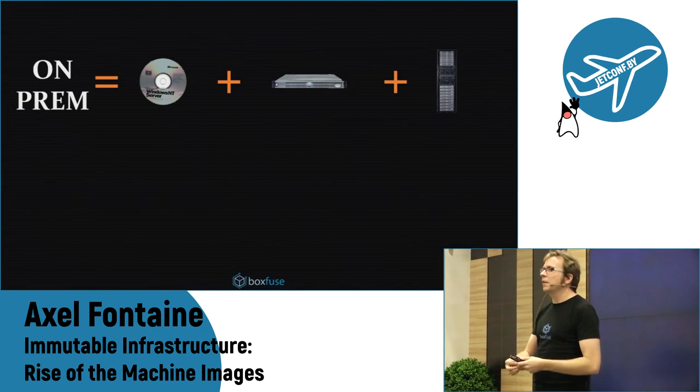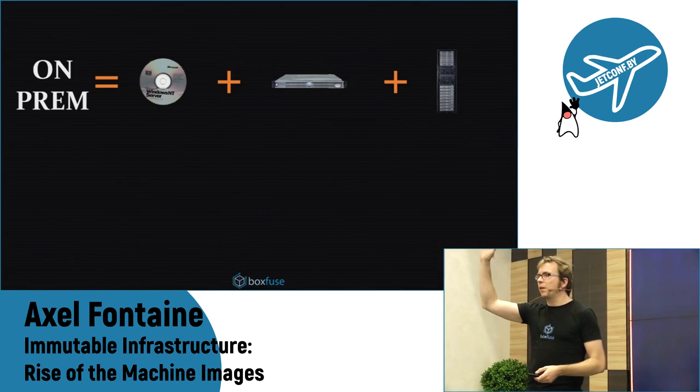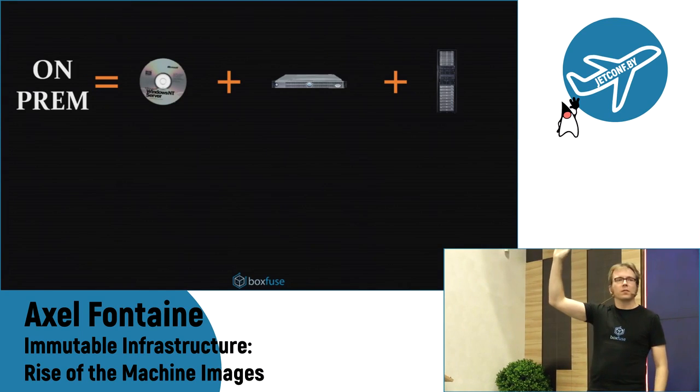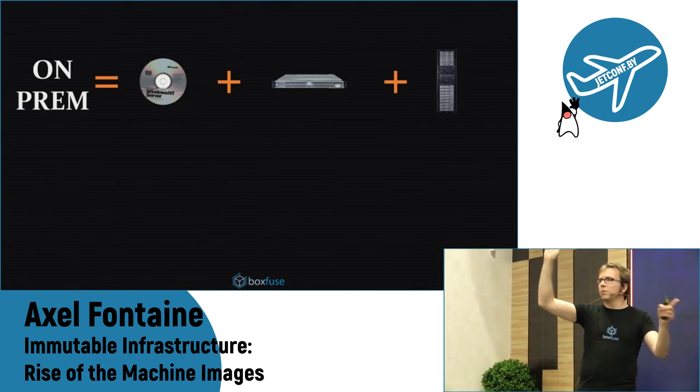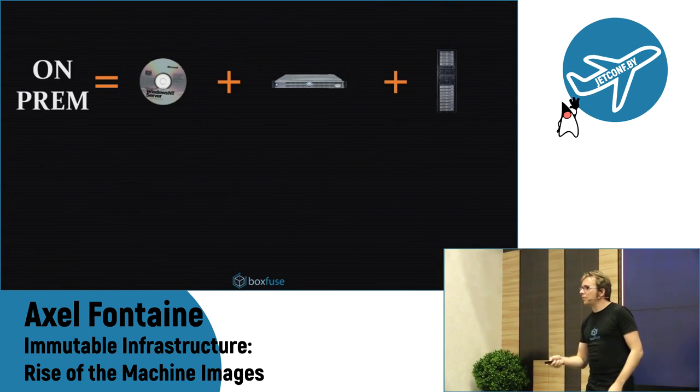Just out of curiosity, who's running all that themselves in their company? Who's fully on-prem? Who's got their machines in their own basement somewhere in the company, or owns the data center? Just 1, 2, 3, 4? Okay, very good. I expected more.